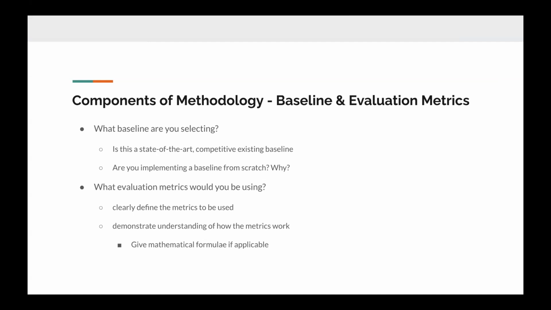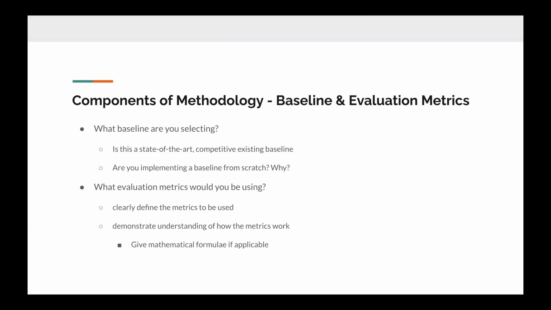You need to be able to define your metrics properly using mathematical expressions or describing them in a way that makes sense. If you're trying to generate subtitles, you could be using things like word error rate. There's a formula for that. You need to put that down and articulate to your audience why it makes sense to use the word error rate as an evaluation metric.